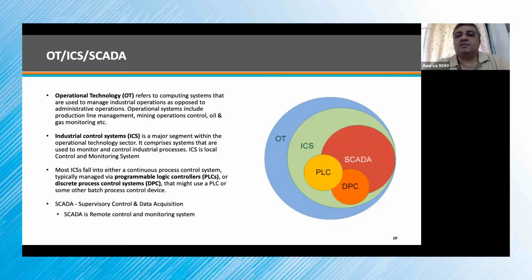The SCADA system is mainly the system which gives you remote control and monitoring of your physical system. If you look at a power plant where you have set up a huge thermal power plant, or ports and logistics where you have cranes operating using SCADA machines, you monitor it online.